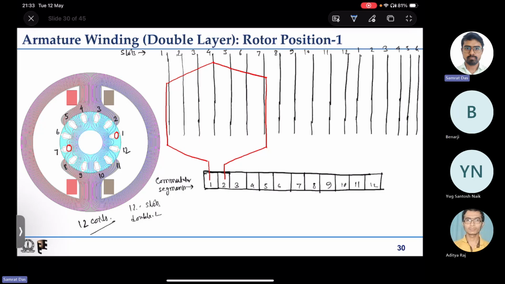If you wind one machine physically, you will understand that it is not possible. Once you wind a machine, you will realize it is very difficult to explain. Okay, sir. The overhang will collide with each other.